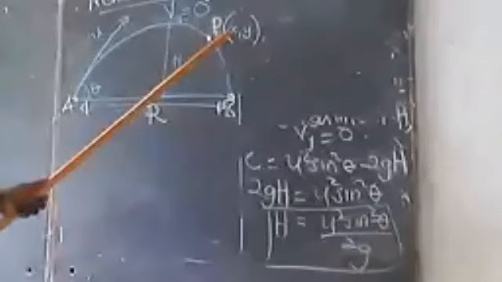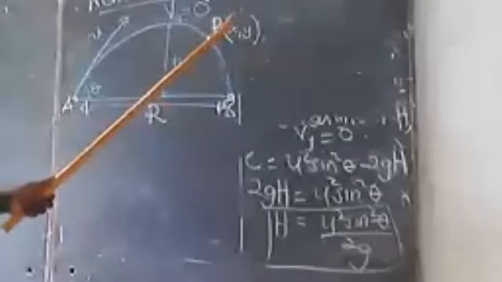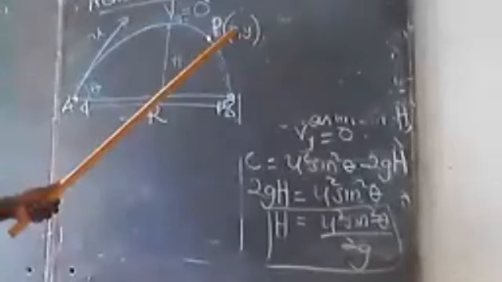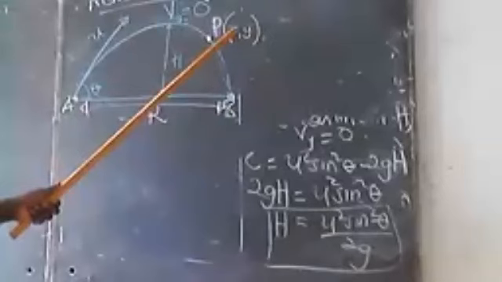But we also learned that if a body comes from here and reaches here on the same horizontal ground, there is a horizontal displacement, in this case a distance, capital R. But vertically, the displacement is 0. You remember that?